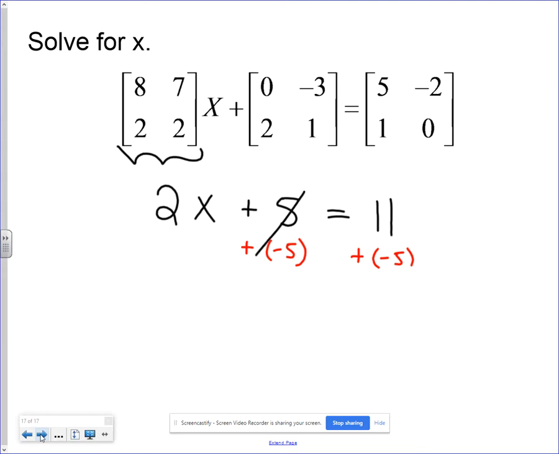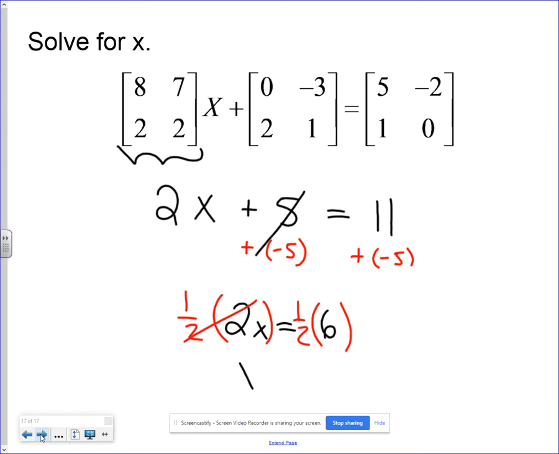These will cancel out. We'll get 2x is equal to 6. Again, we're not going to divide. We're going to avoid dividing and subtracting. So how can I get rid of the 2 using multiplication? Multiply both sides by 1/2. 2 times 1/2 is 1.